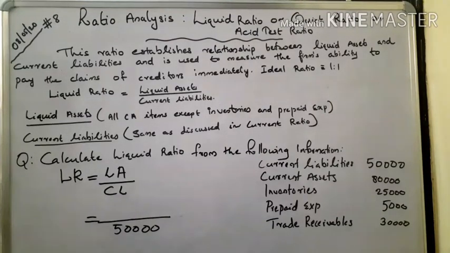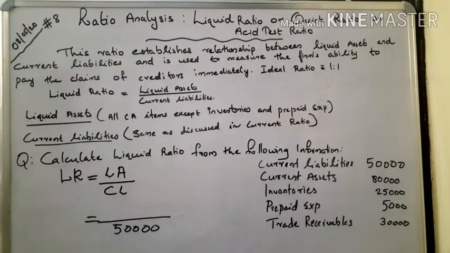Then current assets: except inventories and prepaid expenses, we consider the rest as liquid assets. Here current assets, inventories, prepaid expenses and trade receivables are given.